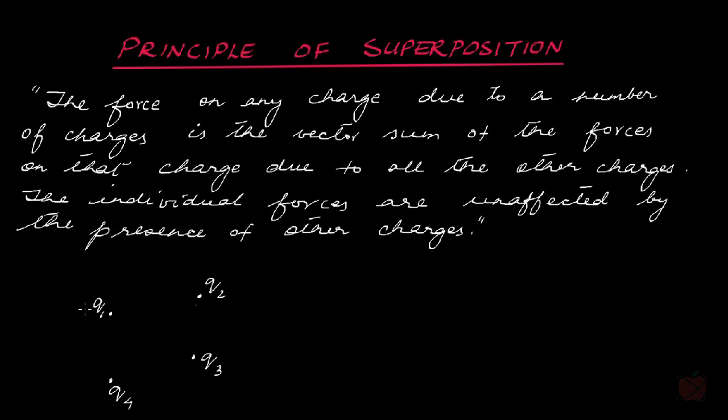The kind of force they exert depends on their signs. Let's say Q1 is a positive charge, Q4 is a negative charge, Q2 is a positive charge, and Q3 is also a positive charge. Between Q1 and Q2, since they are both positive, Q2 will push Q1, meaning it will exert a force in that direction.